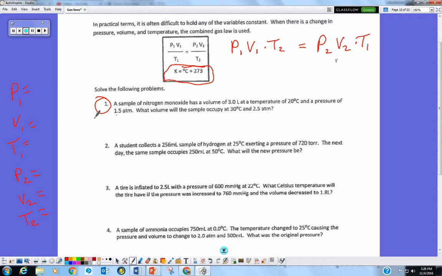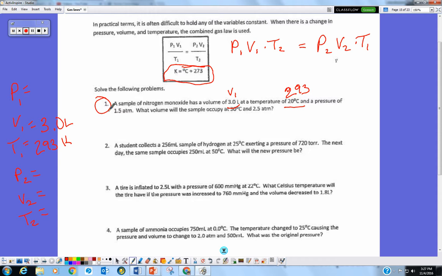So we have 3.0 liters. That is our V1. So we're going to write that right here, 3.0 liters. Temperature 1, we have it in Celsius here. So 20 plus 273 is 293. So our temperature 1 is 293 Kelvin.